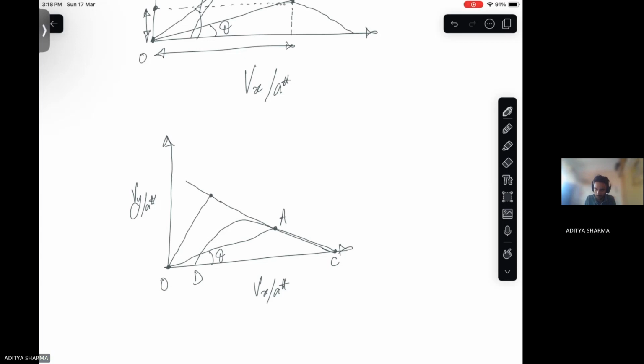The angle this perpendicular makes with the x-axis is our beta value.